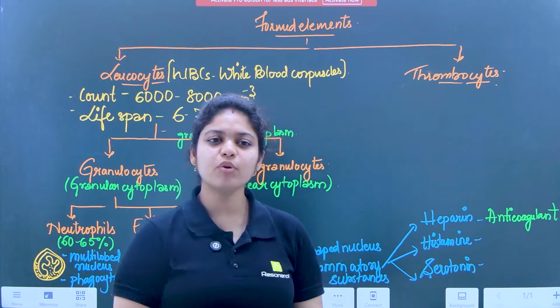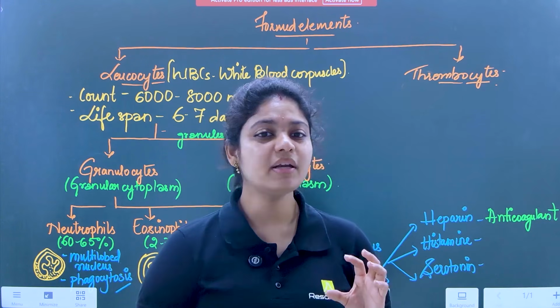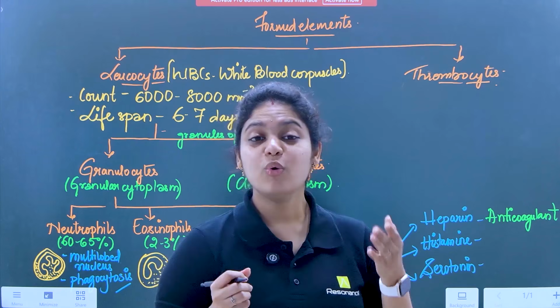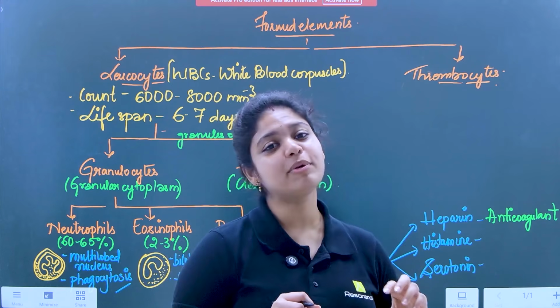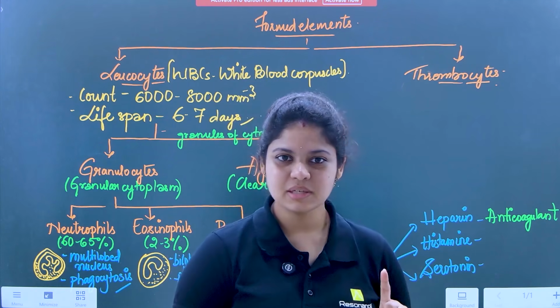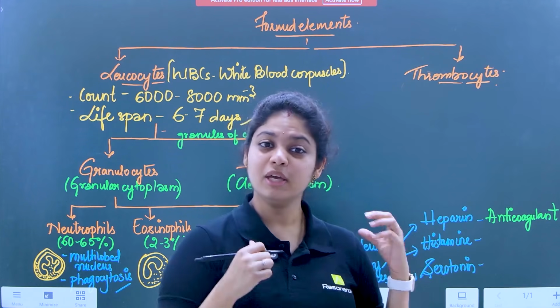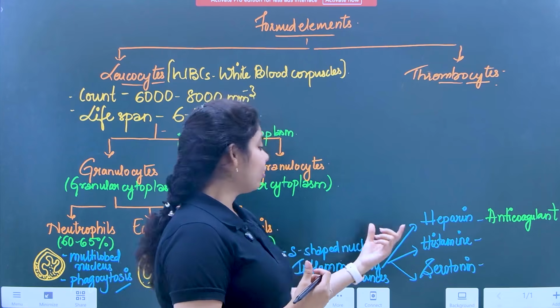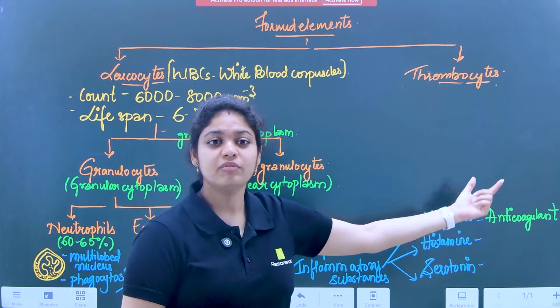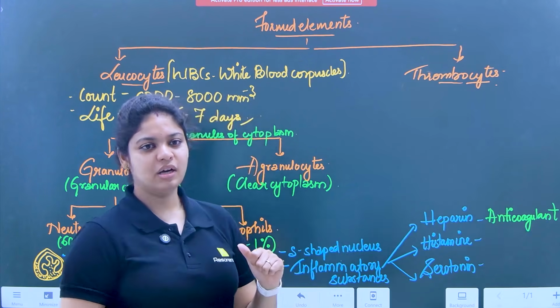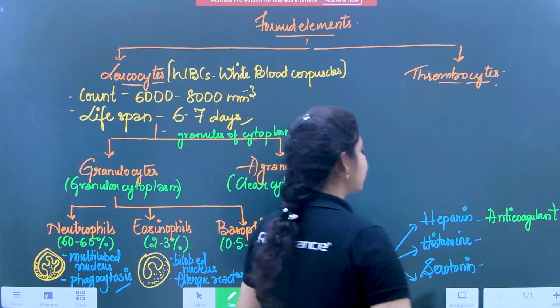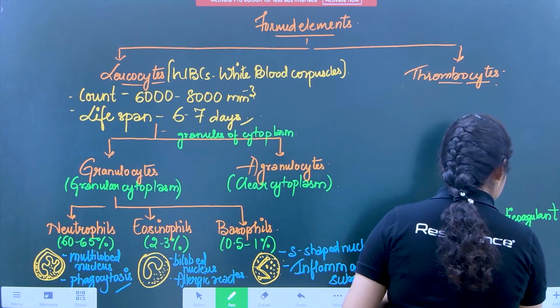When the blood is flowing in the blood vessels, it does not form clots. Only when there is a wound, it will form a clot, right? So why is it not forming a clot inside our body? Because in our blood we have heparin, which is an anticoagulant.